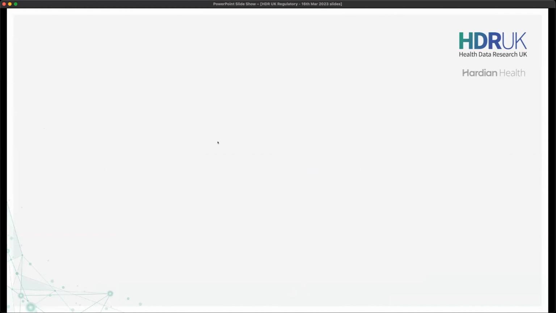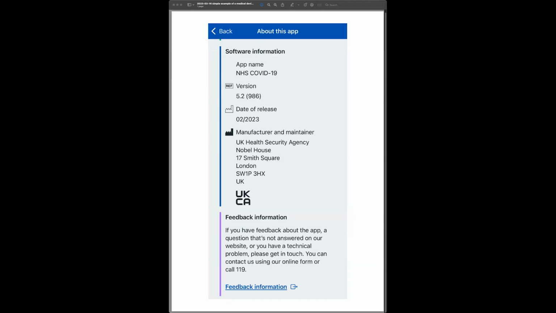And whilst we're doing that, I said I'd switch over to just showing you a couple of labels. Let me show you. Oh, where's my Zoom gone? Here is a medical device label for an app that the whole of the UK population got a bit too familiar with for a few years.